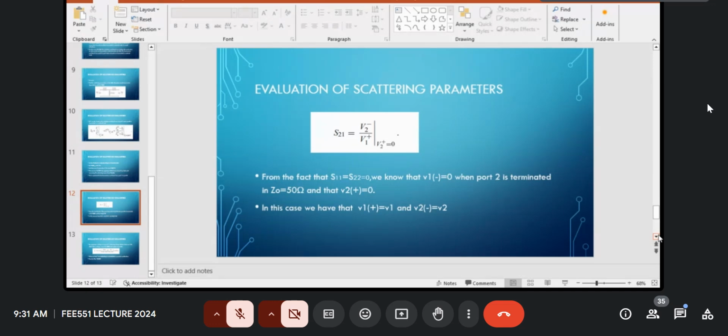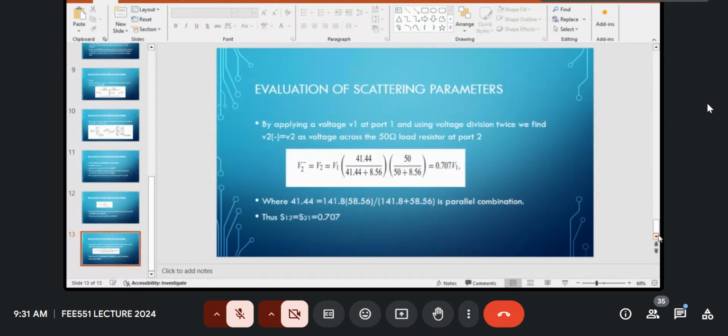In this case, V1 positive is the supply voltage V1 and V2 negative is the voltage at port 2, V2. So you apply voltage division and then you'll get V2 is equal to 0.707 V1. And then you remember to find S21, you need to divide over V1. So 0.707 V1 over V1 gives you S21, which is the same as S12. This is 0.707.